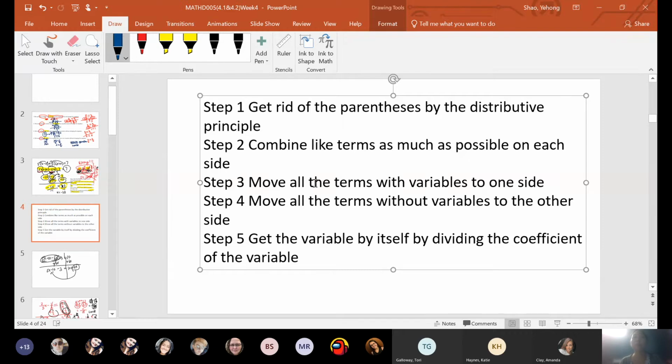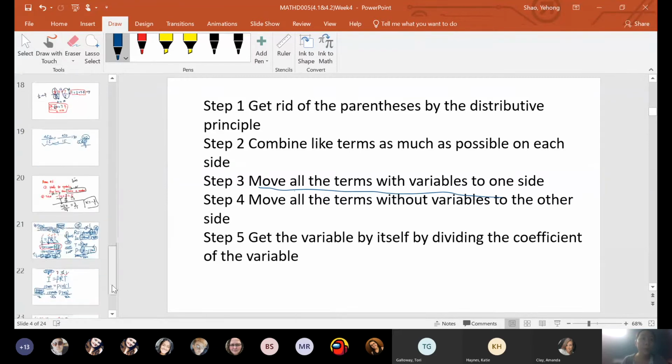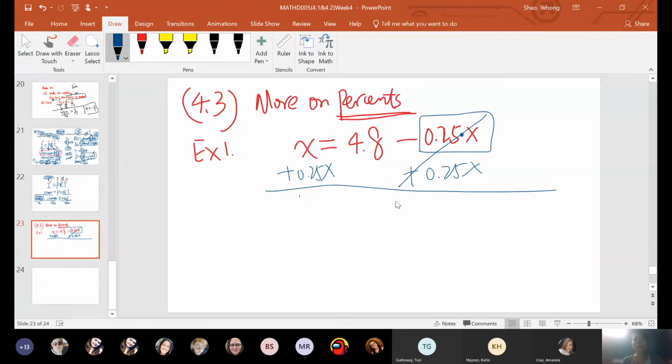What we just did was step 3: we move all the terms with the variables to one side. So we have x on the left and 0.25x on the right. We have to move one of them to the other so we can combine them.